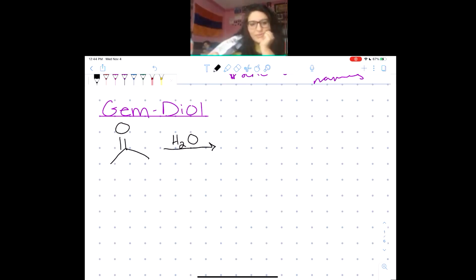And so we're going to do one example with an acid and one example with a base. And someone said at the end of the session, can I scroll up? Yes, I will zoom out and show you guys all the notes at the end of the session. So in the first example, let's do H2O with an acid catalyst. So let's just use HCl as our acid.